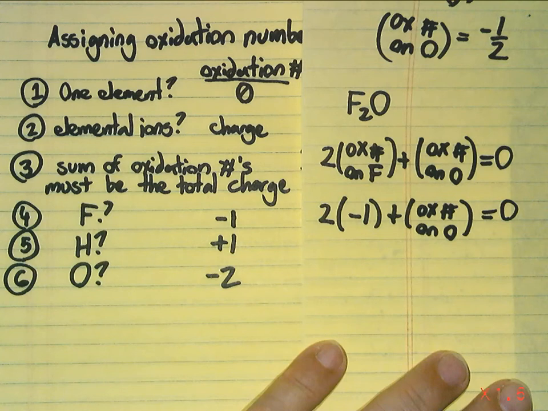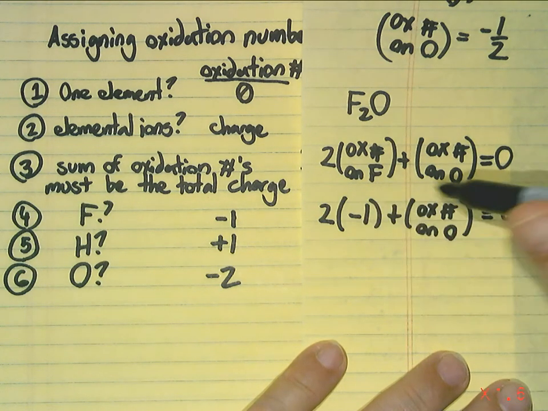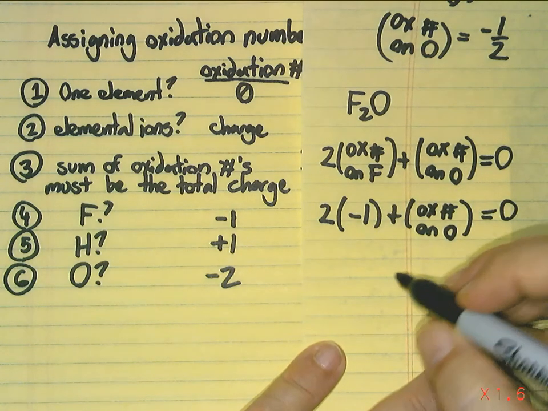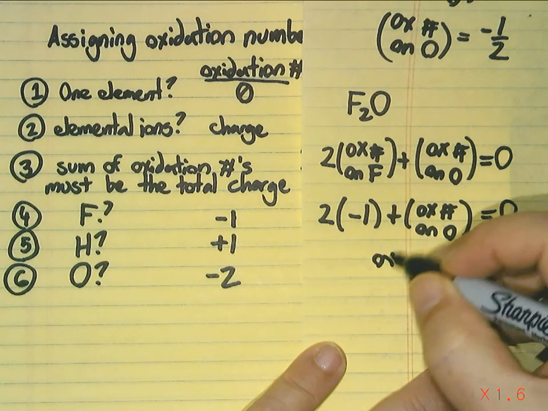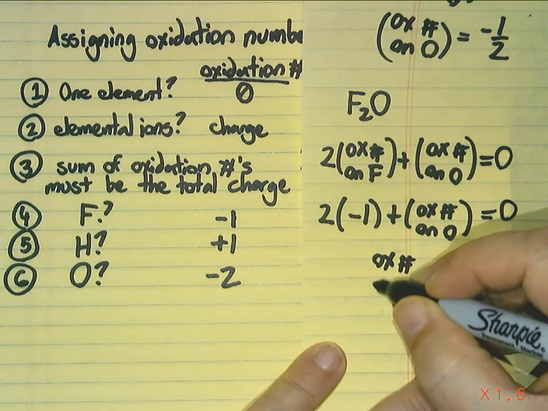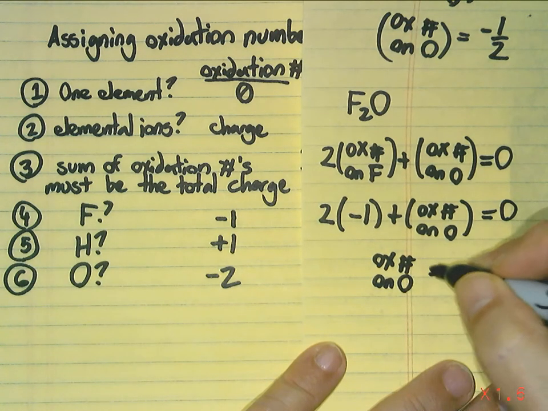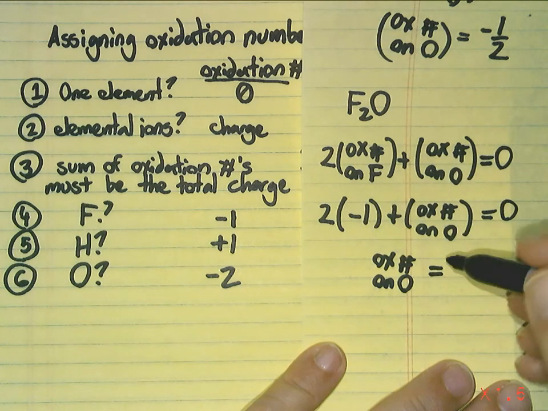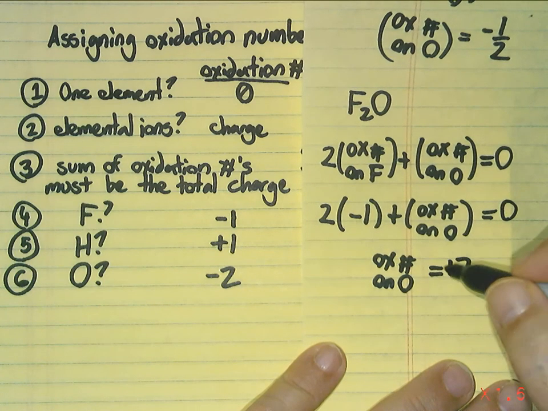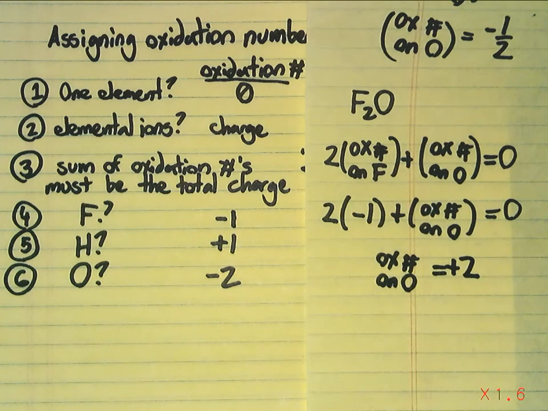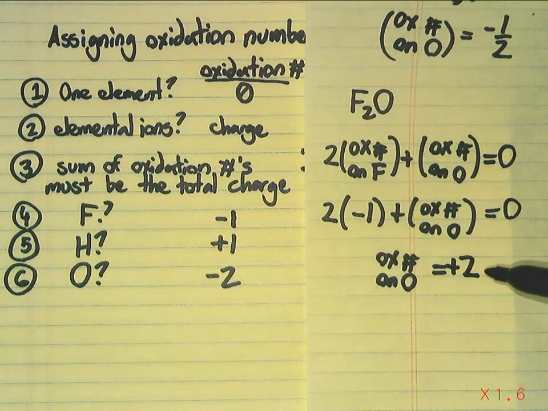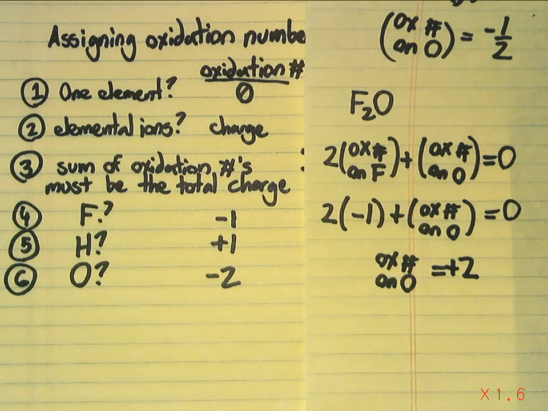All I need to do is solve this equation for the oxidation number on oxygen. So this is -2. If I add 2 to both sides, I'm going to have the oxidation number on the oxygen is equal to 2. I can write +2. Now that's an unusual oxidation number for oxygen as well. It's a +2. Usually oxygen's got a -2, but not in this compound.